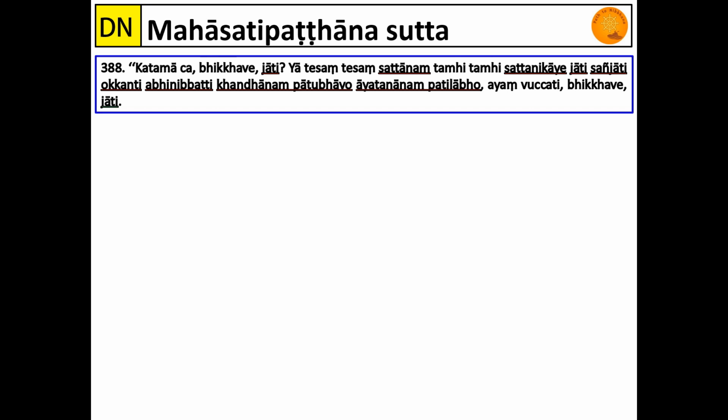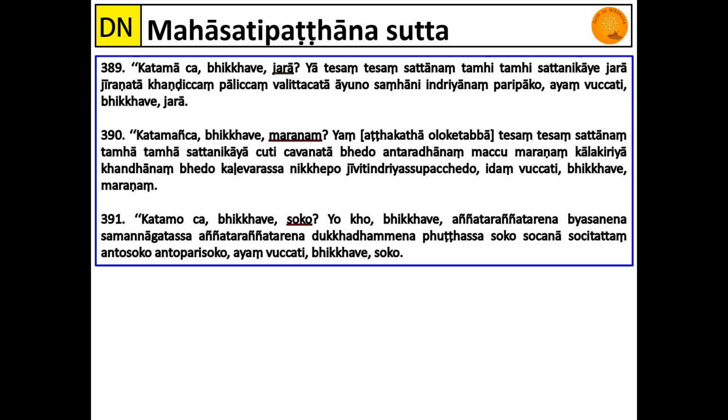So how the paticca samuppada cycle works and gets to the asada, or in other words sampassaja vedana. So that is what is explained here. And in the same sutra, it is the same with Jara Marana Soka. When one gets attached is when he creates the Jara Marana Soka Parideva sufferings.